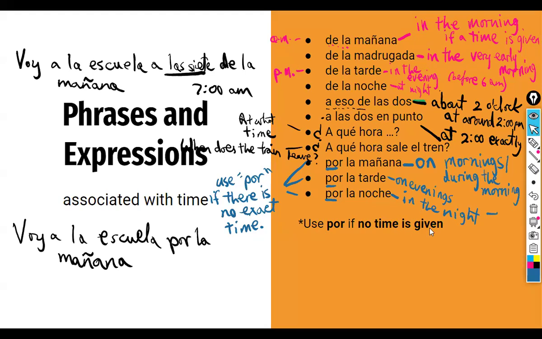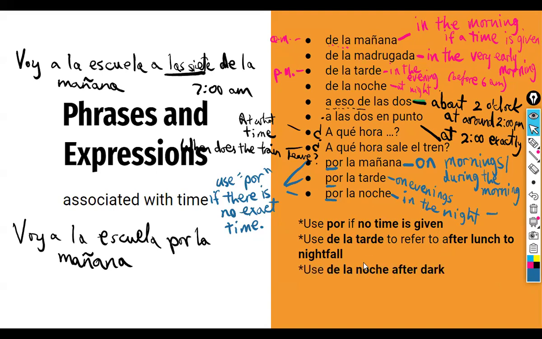If you've already written this, you don't need to write it again. So the first bullet point, use por if no time is given. Second bullet point, use de la tarde to refer to any time after lunch to nightfall. And then use de la noche after dark, right? If you are already clear on this, you do not need to write it down.